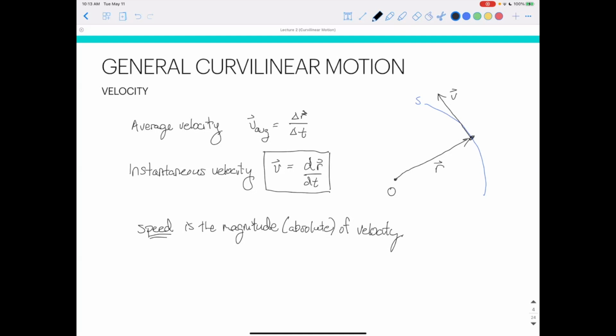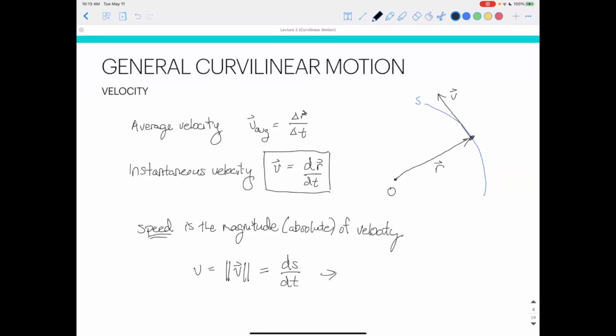So we could also write speed, if we would just write the letter v not as a vector, this would represent the magnitude of our velocity. So we can write v is equal to the magnitude of our velocity, and this is equal to ds dt. So the derivative of the motion along the path with respect to time.